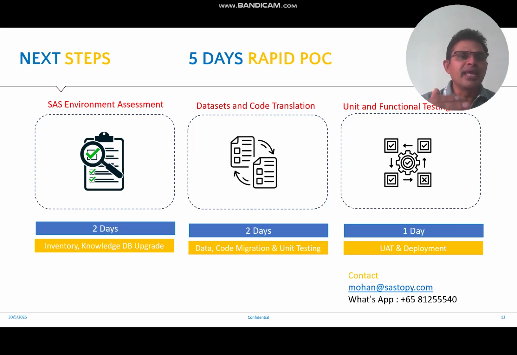Now next steps, if any of you are willing to try this out, we can do a rapid 5 working days kind of a POC by installing the software in your environment.